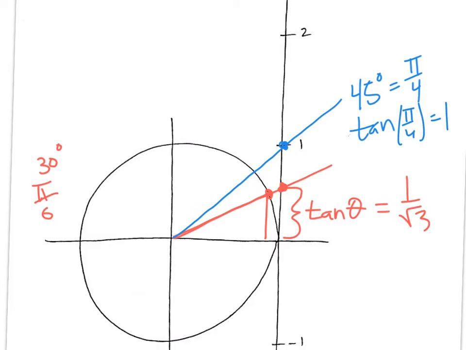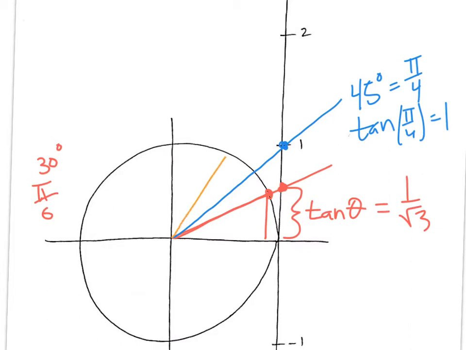So if we look at sine divided by cosine, root 2 over 2 divided by root 2 over 2 gives us 1.